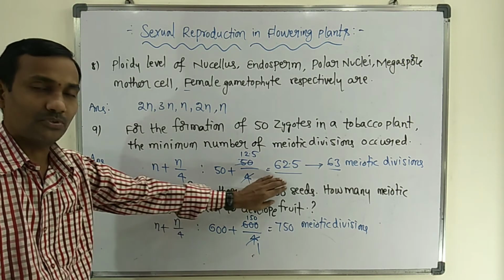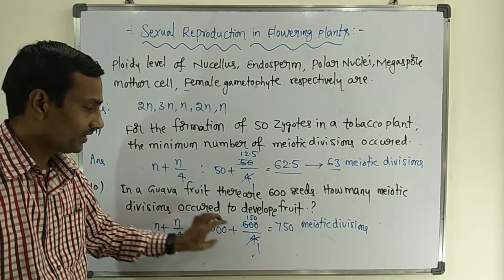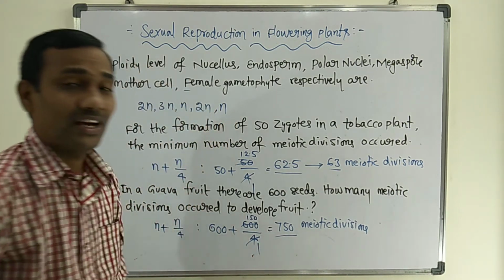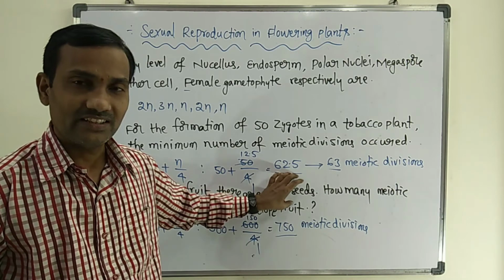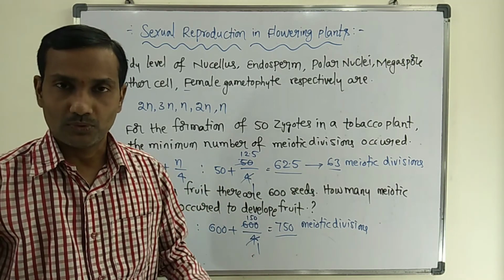Substitute n as 600: 600 plus 600 by 4. You will get 750 meiotic divisions to form 600 seeds. Ultimately the ovary converts into the fruit.